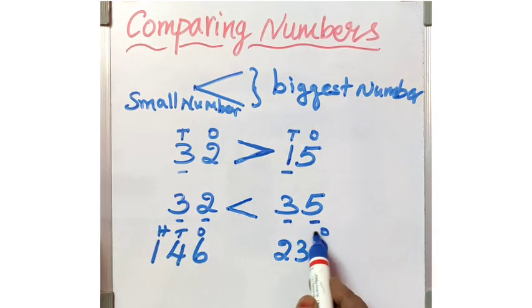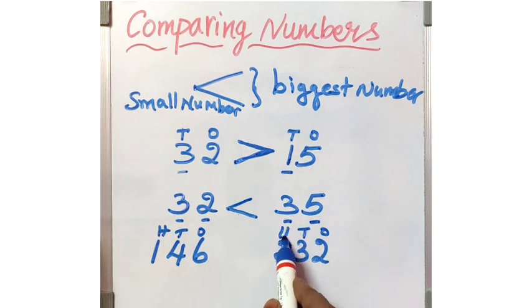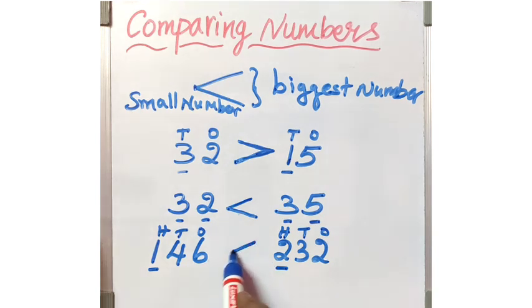Here also write down ones, tens, hundreds. In hundreds place, what is the digit we have here? Here it is 1 and here it is 2. So which digit is small now? Is it 1 or 2? It is 1. So the pointed side should point to the small number. So 146 is less than 232.